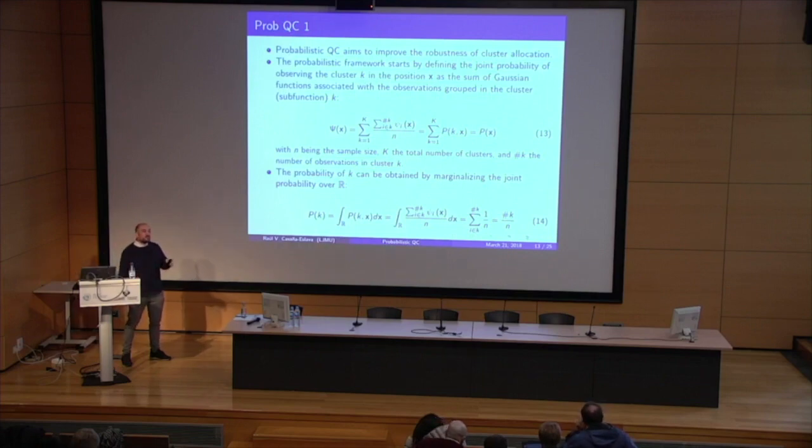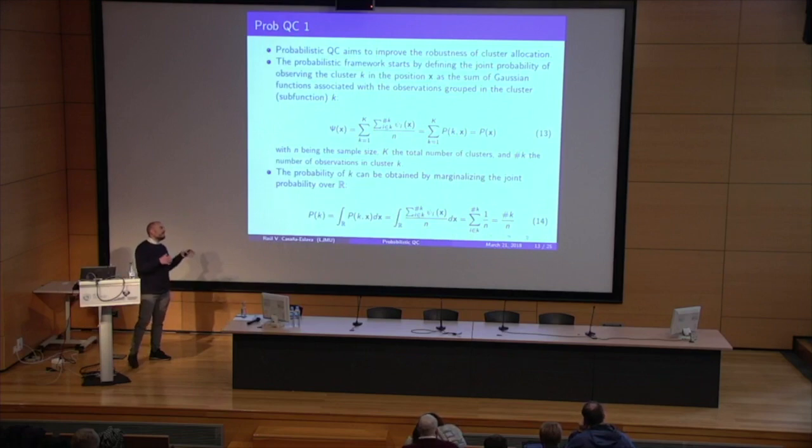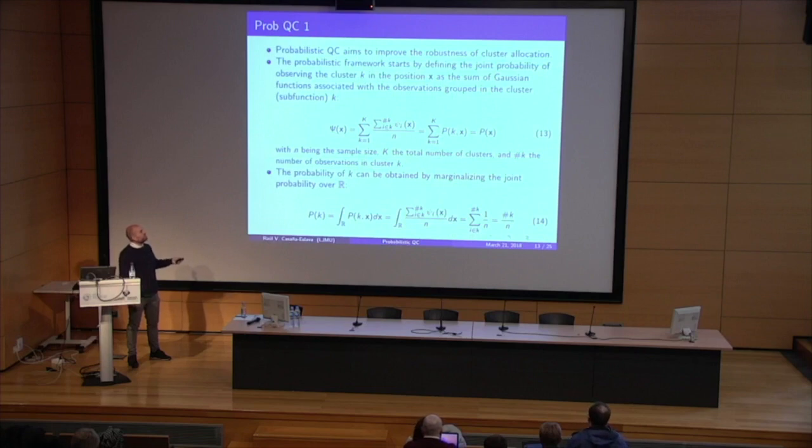Because we already did the cluster allocation in the previous step with the gradient descent, we have the summation of all the Gaussians grouped by potential wells. So we can assume that the joint probability of each potential well, or each cluster, and each observation could be considered like that. It's like a subgroup of all the observations that belong to the same potential well.